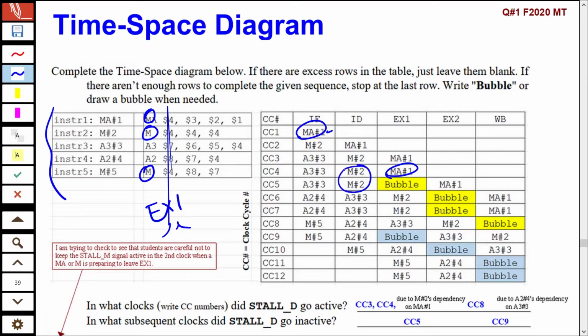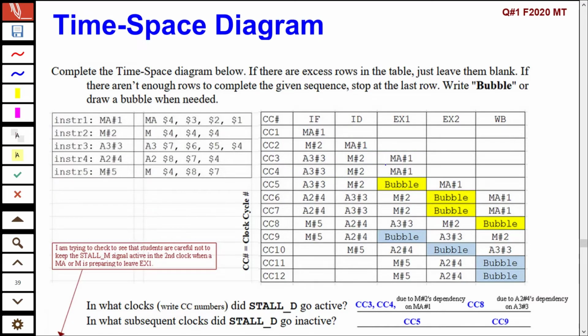This guy needs a dependency stall, so he is injecting a bubble. Let me say it again. MA1 came to EX1 and stayed there, so these two lines are identical.